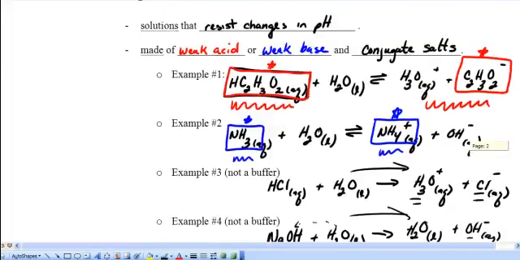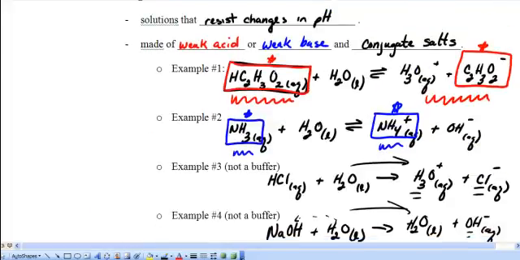Here's the deal. If you have a tremendous amount of acid and conjugate salt, it can neutralize quite a bit of acid or base. On the other hand, if you barely have any weak acid and barely any weak conjugate salt, well, then you're not going to be able to neutralize very much because they will be used up.